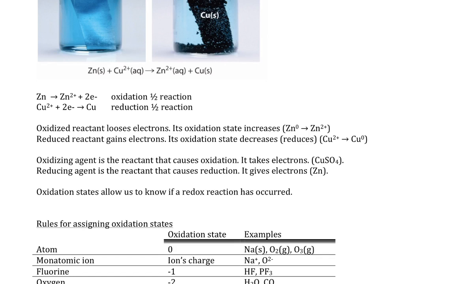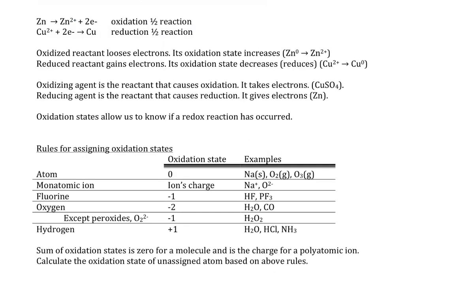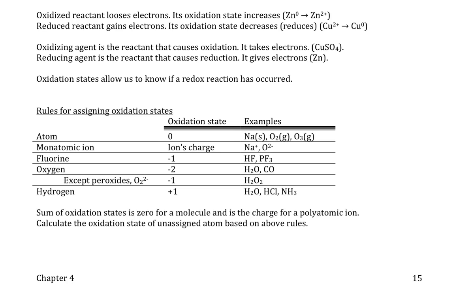Looking at the before and after oxidation state values allows us to know if a redox reaction has occurred. So what we're going to do is talk about the rules for assigning oxidation states, which can also be called oxidation numbers. For an atom, the oxidation state is 0.